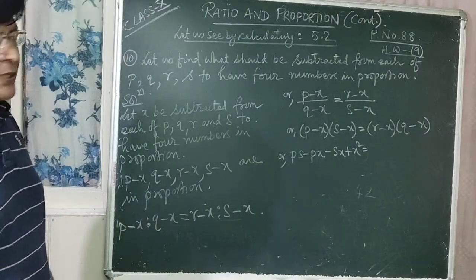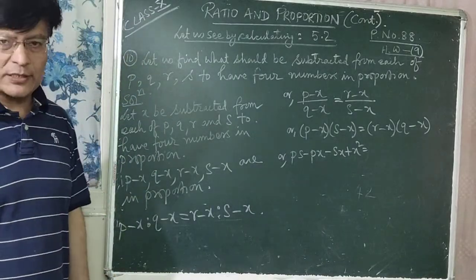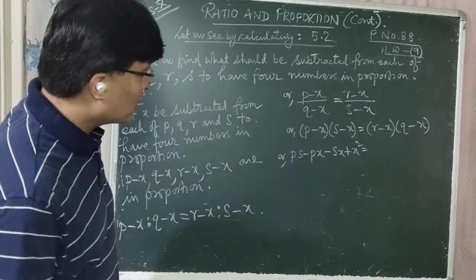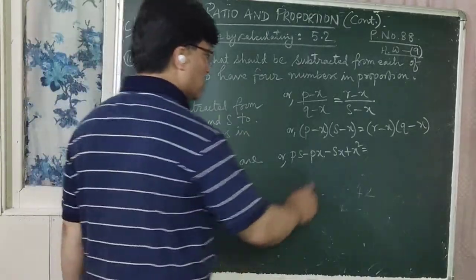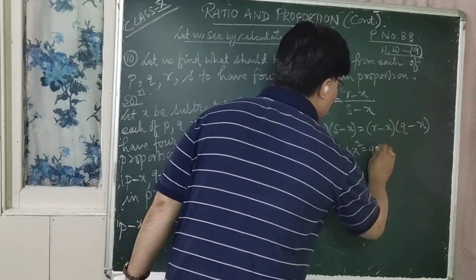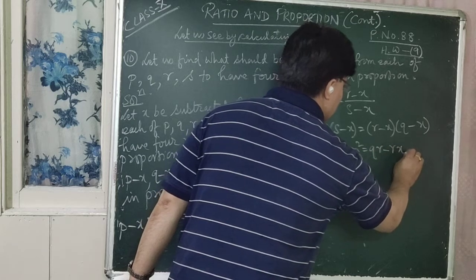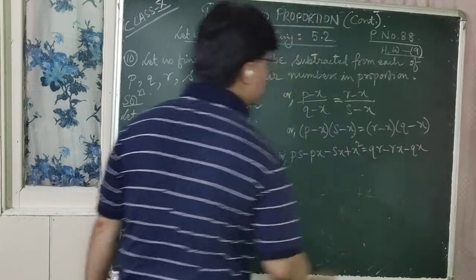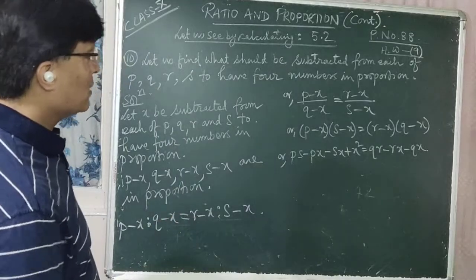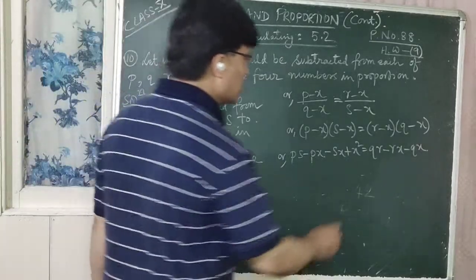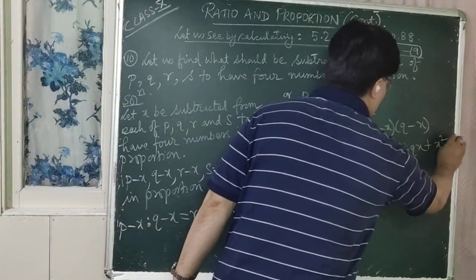On the right hand side also you have to multiply the two factors. R into Q, QR minus Rx minus Qx, minus into minus plus x square.